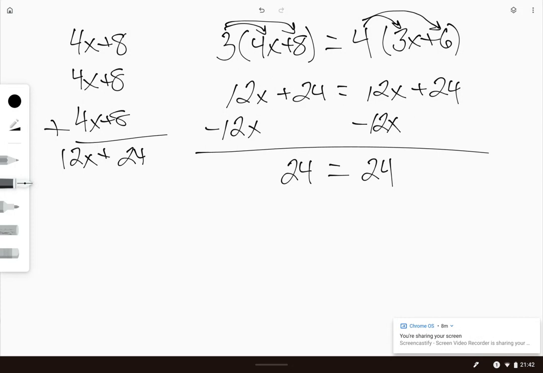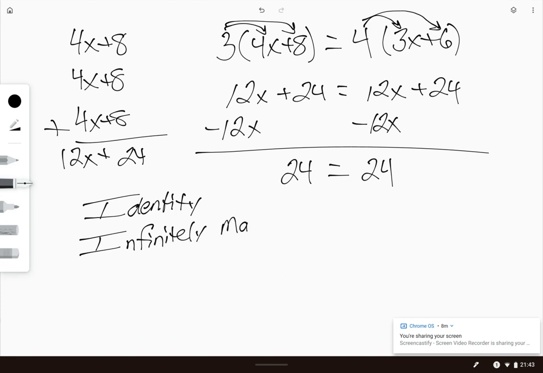So when I see a solution that looks like this, it is called an identity, because they look the same on both sides of the equation. So it's an identity, identical. Infinitely many. And what infinitely many means is that there's more than one solution.